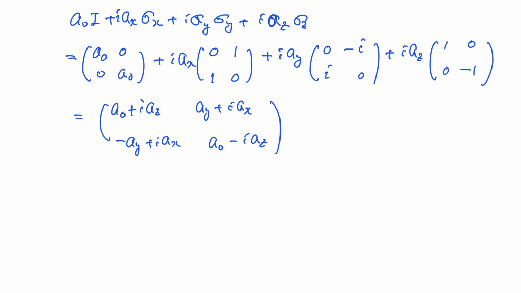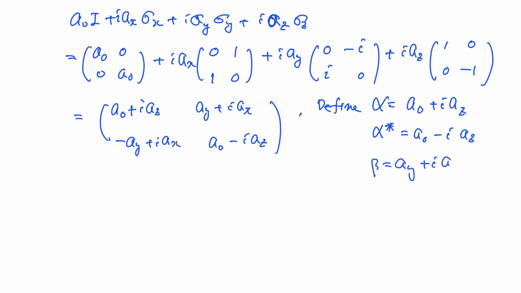So let's define alpha as A0 plus i A_z, then alpha complex conjugate is A0 minus i A_z. Say beta is A_y plus i A_x, then minus beta is minus A_y minus i A_x, so minus beta complex conjugate is minus A_y plus i A_x.